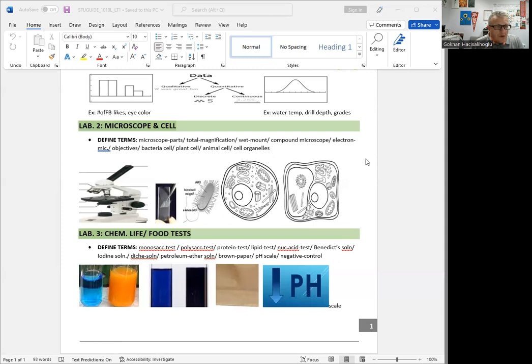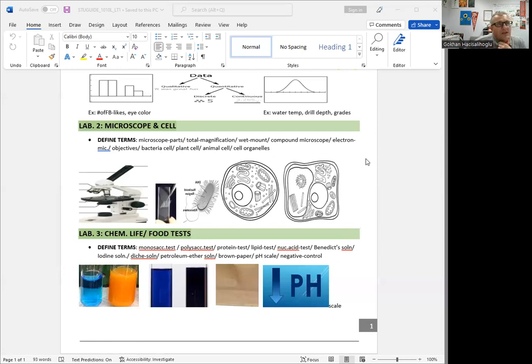The next lab is lab number 4, which is the chemistry of life. We had a number of assays, which are also tests or techniques, to do some food testing. Remember it's about macromolecules: carbohydrates, lipids, proteins, and also nucleic acids, right?